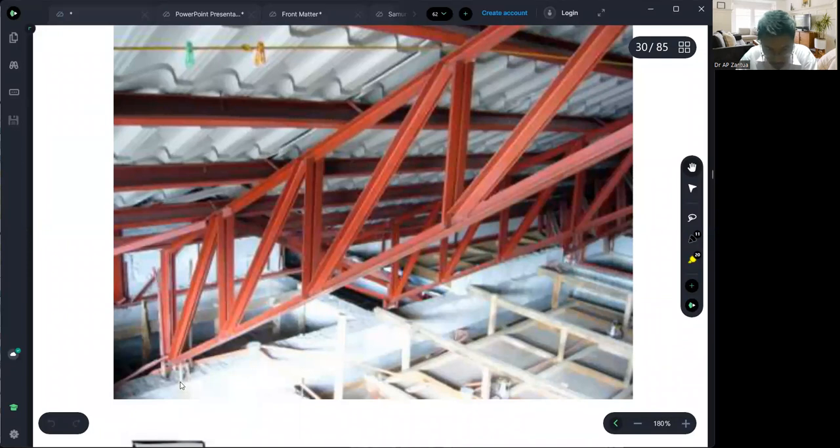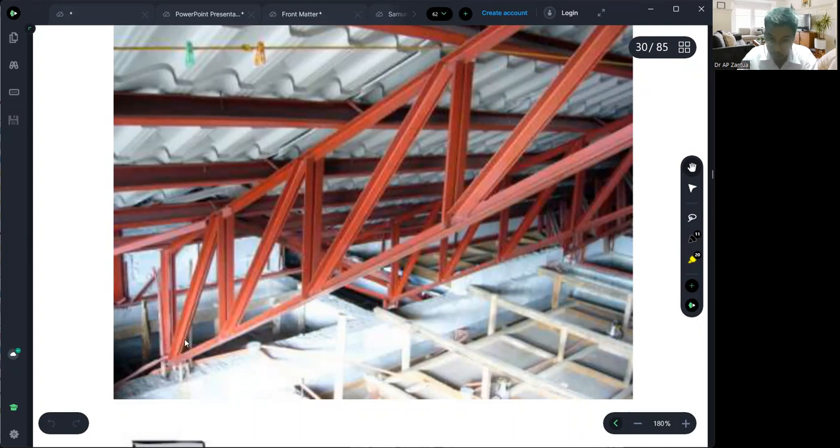So the protruding extension of the column reinforcement must be bent over here to hug and to brace itself in this joint of the roof trusses.